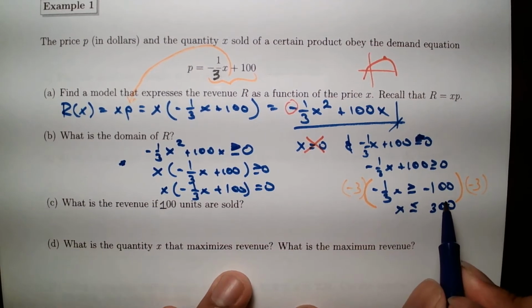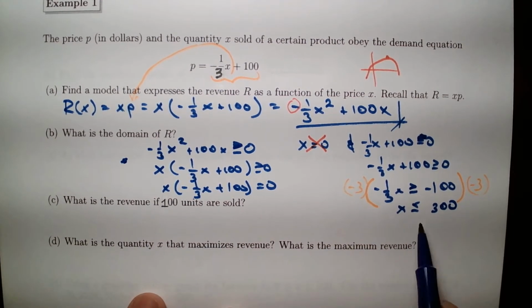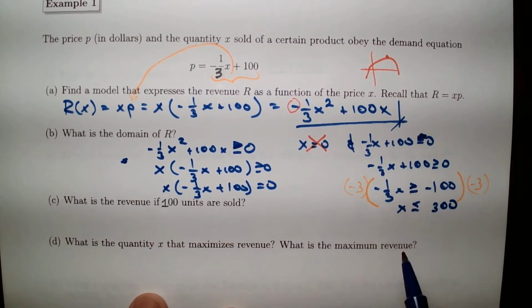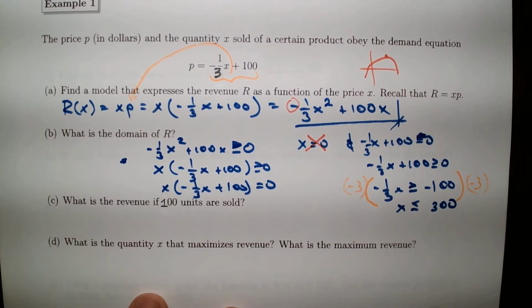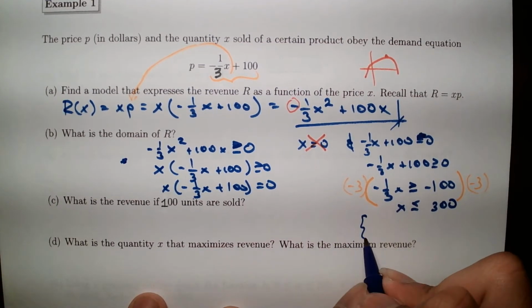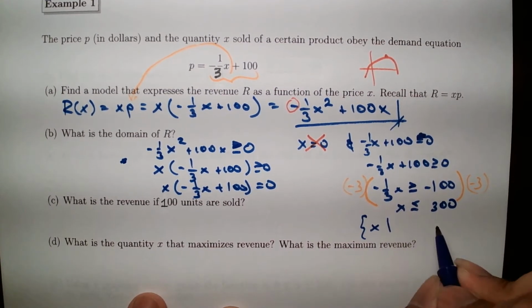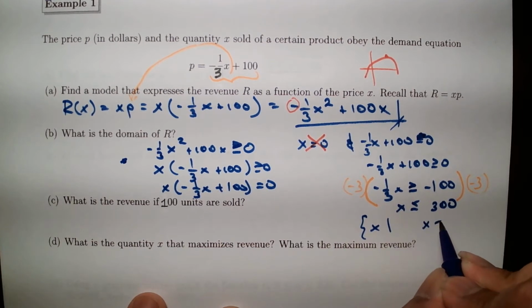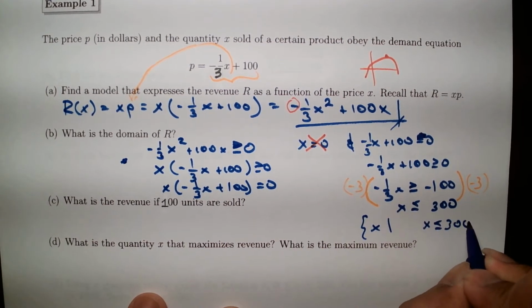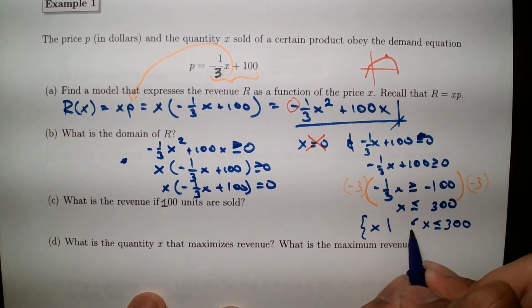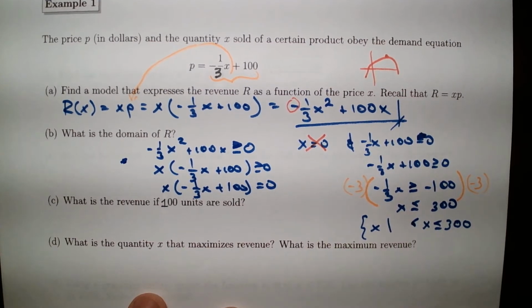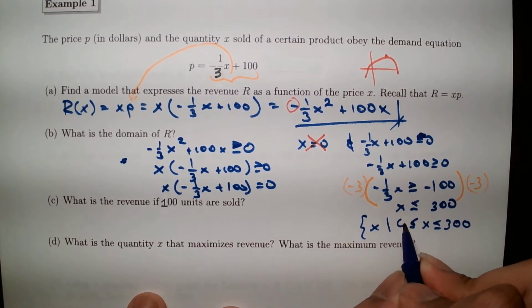So in this case, we need to be very careful when we express the domain of this function. So x such that, well, not just x less than or equal to 300. Keep in mind that we also need to have x greater than or equal to 0.